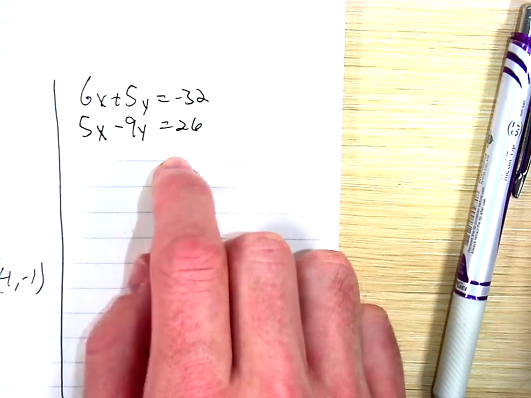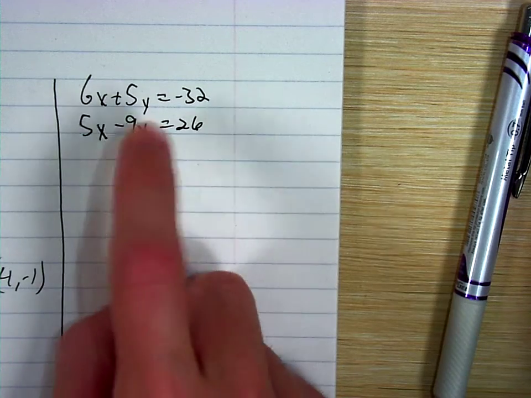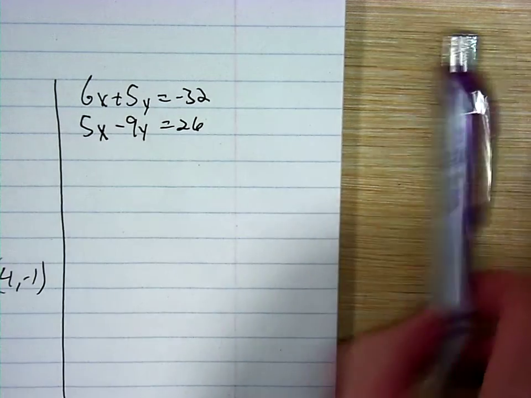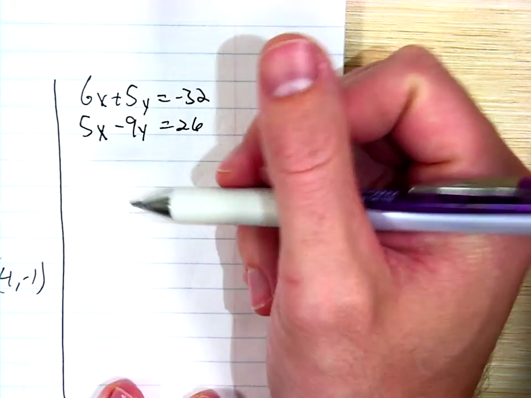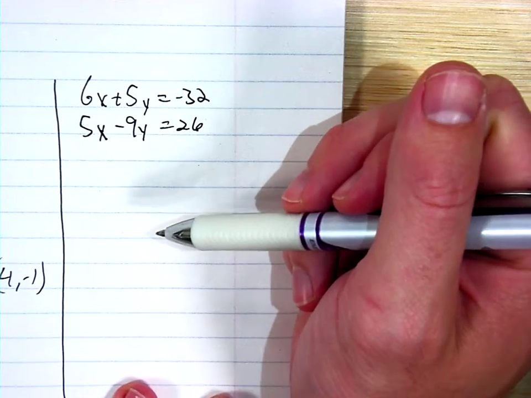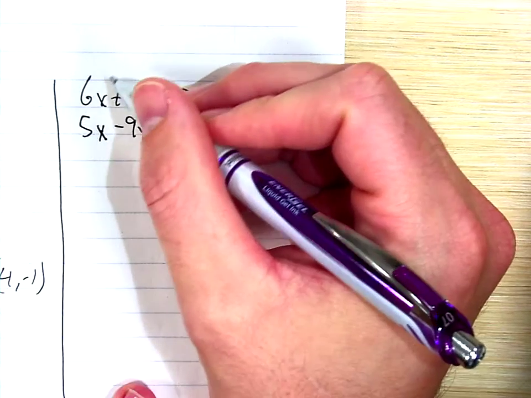Now we've canceled out the y first every time so far in our other examples, so even though the y is probably easier for this one, I'm going to cancel out the x. Because in class, I cancel out y every time, and some kids thought we had to cancel out the y first every time. Not the case. You can cancel out the x first sometimes too.